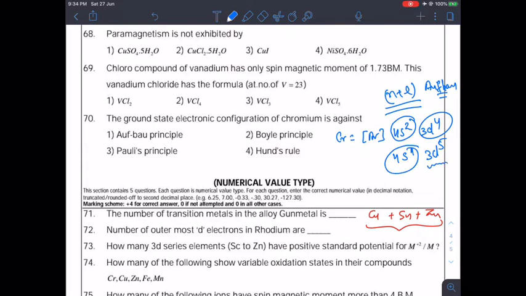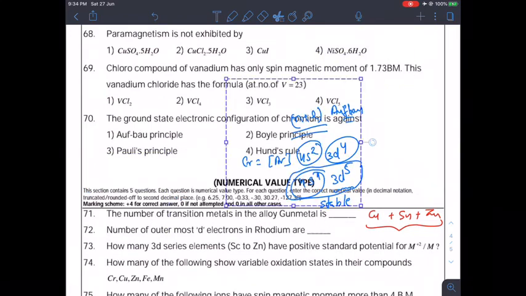The answer is Aufbau, right? So this is the ground state configuration of chromium. This is not the excited state, this is the true state. This is the most stable state, because ground state means most stable state energy-wise. So the correct answer will be that the Aufbau principle is violated in that particular case.